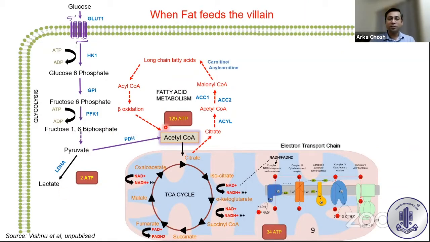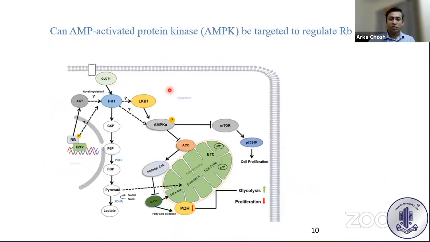So the reason for that is that when you digest fatty acids to make energy, you produce 129 ATP per cycle. When you're using glycolysis, you produce only 2. And then when it goes into the electron transport chain, the total is about 34. So obviously, the tumor is very happy eating a lot of fats and producing far more energy than the regular retinal cell would.